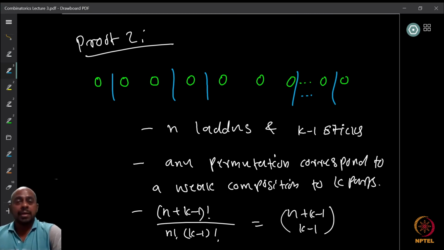So n plus k minus 1 total objects are there, out of which n of them are of one type and k minus 1 of them are of a different type. So therefore n plus k minus 1 factorial divided by n factorial times k minus 1 factorial, which is precisely n plus k minus 1 choose k minus 1, or n plus k minus 1 choose n, whichever you want, right?